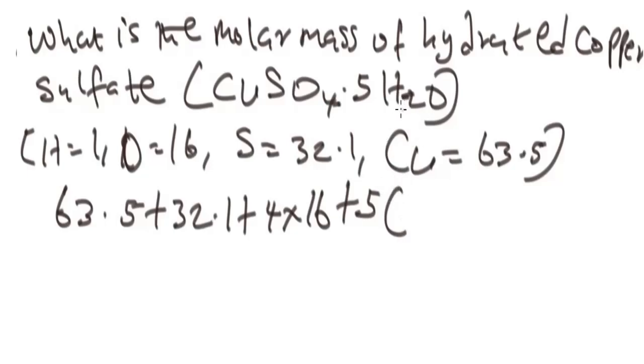We have 2 atoms of hydrogen, with atomic mass 1, so 2 times 1, plus 1 atom of oxygen, 16.